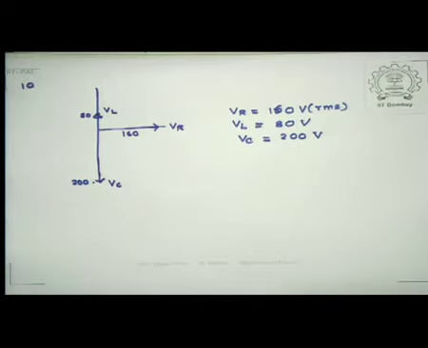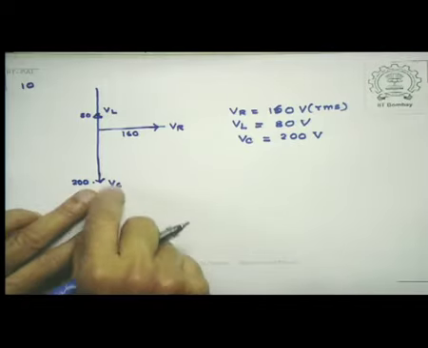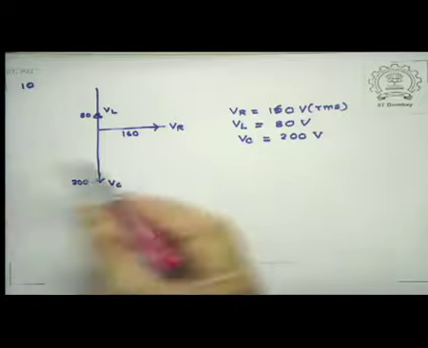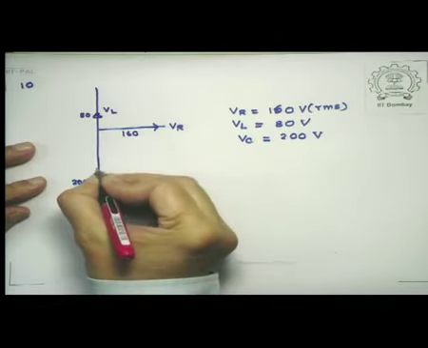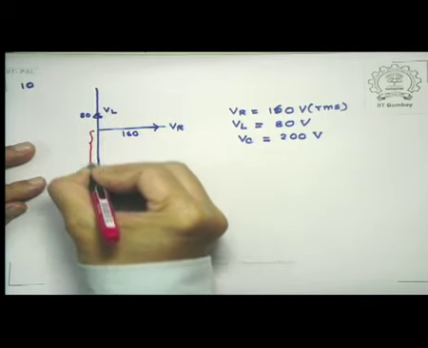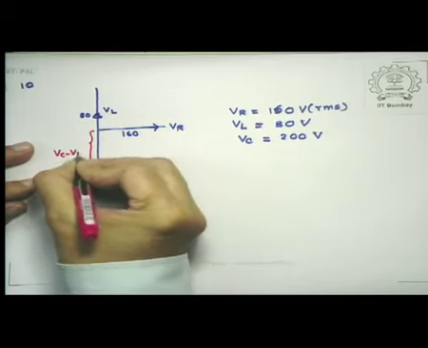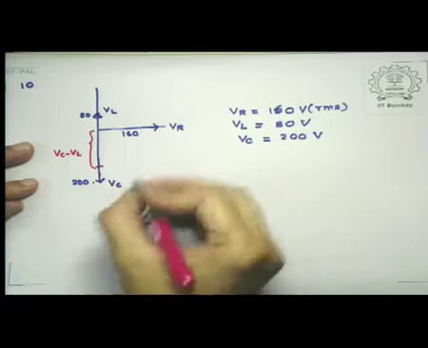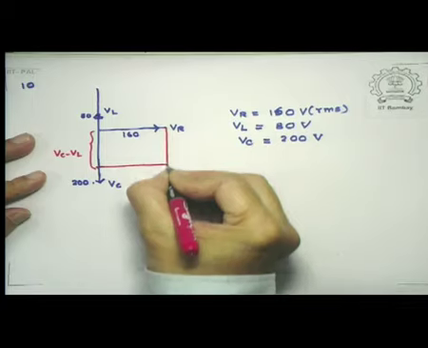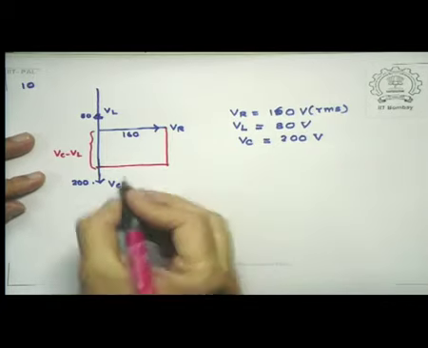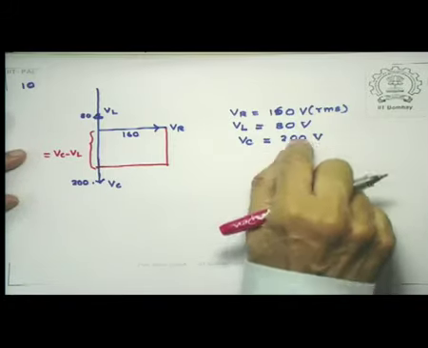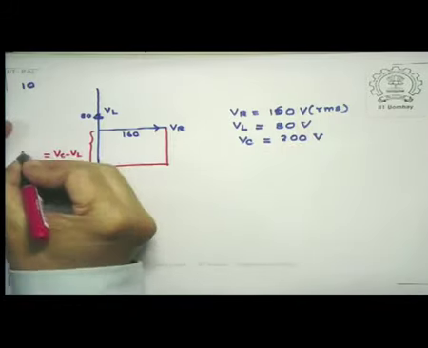So what we now do is this, that we find out what is VC minus VL. So all that we need is to chop off here by an amount 80. So this is VC minus VL. And if I am drawing the parallelogram here, then this quantity is 200 minus 80, which is 160.